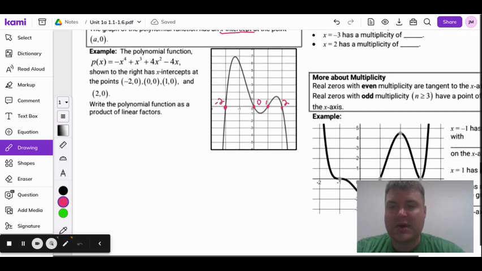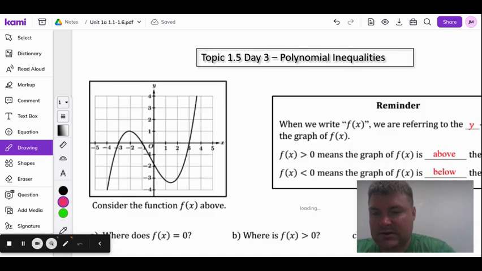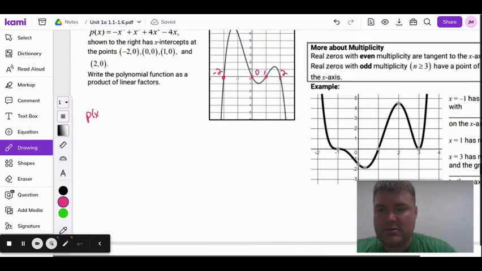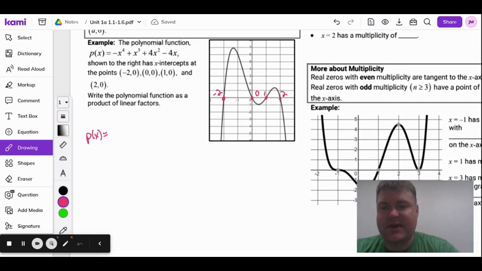So we want to write this now as a product of linear factors. So p of x is equal to, well, I have x equals negative 2, so that linear factor is going to be x plus 2, which is the opposite sign.